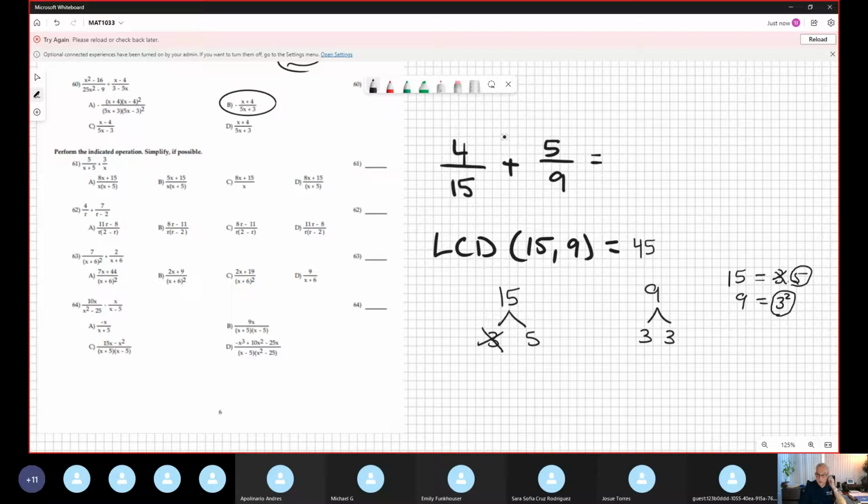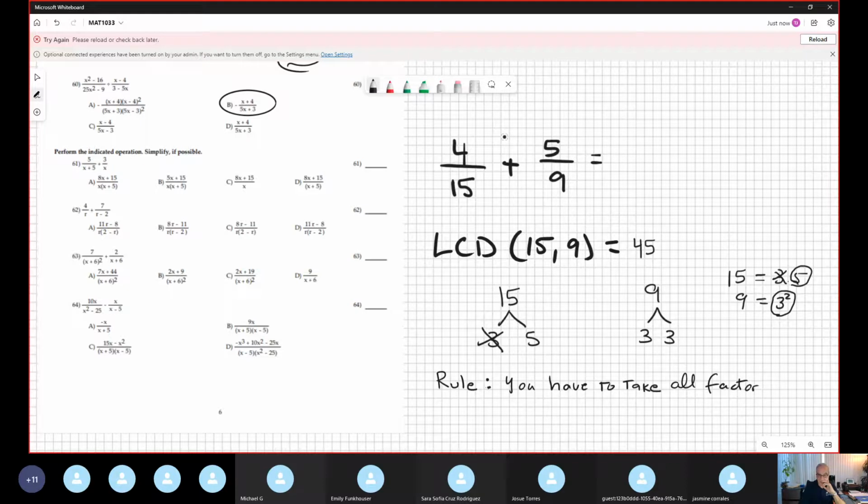Can you repeat something you said again? The you crossed out 3? The rule to find the LCD between two or three or four numbers is you have to take all factors. What does all factors mean?